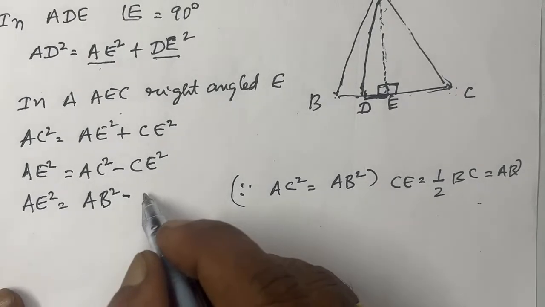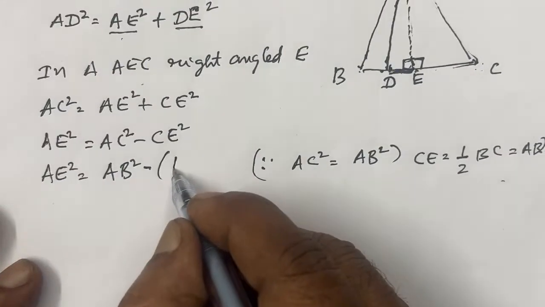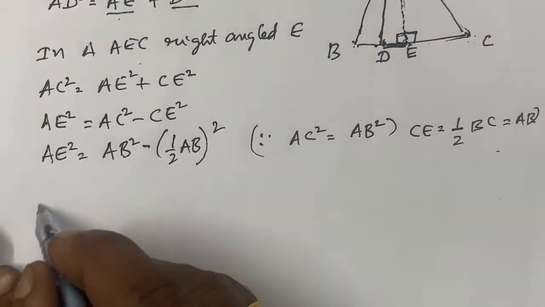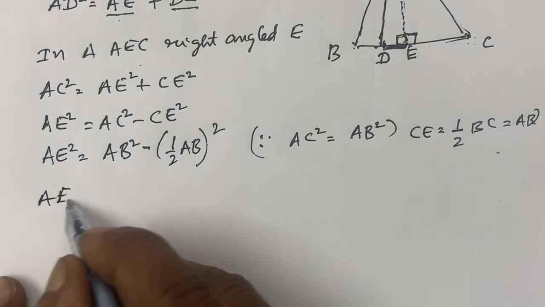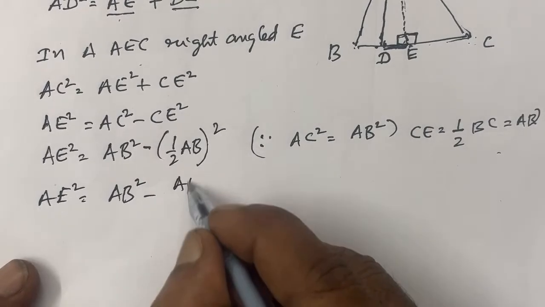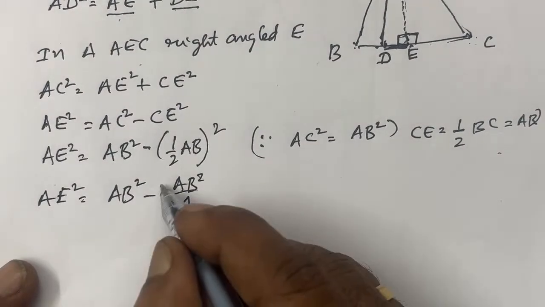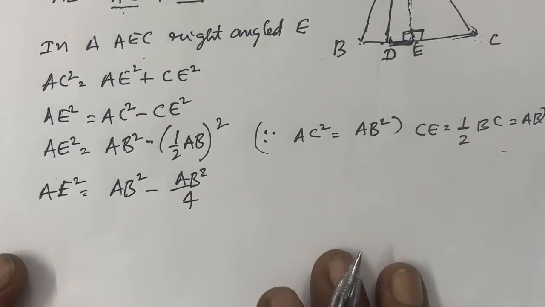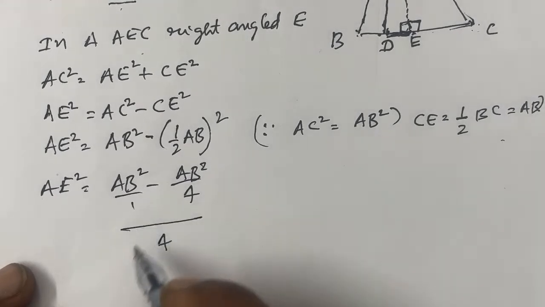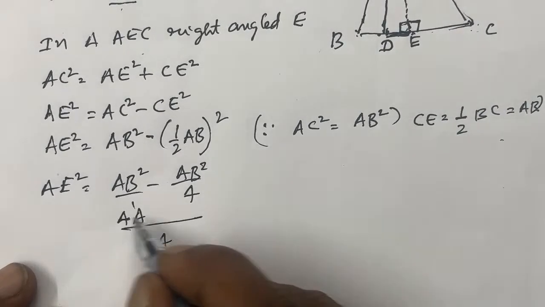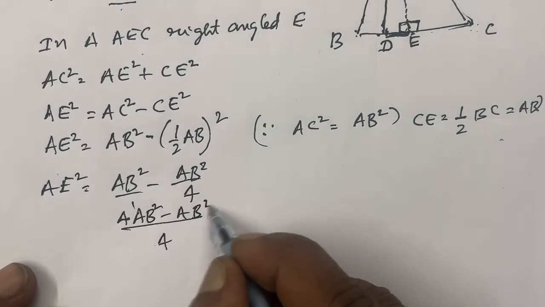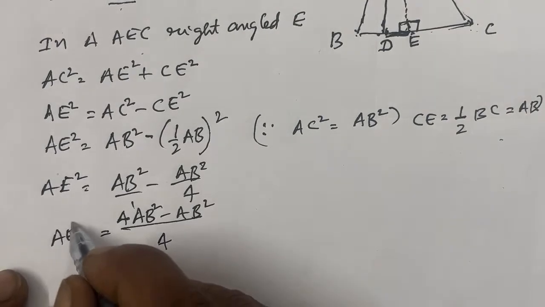So CE square is equal to 1 by 2 AB, squared. Next, AE square is equal to AB square minus AB square by 4. Now I'll take the LCM because of the fraction: 4AB square minus AB square is equal to AE square.